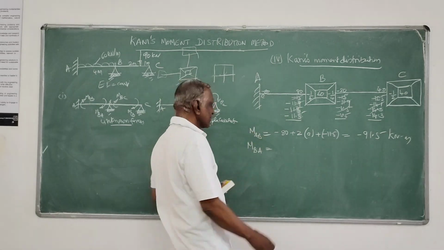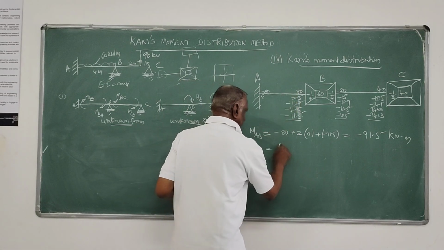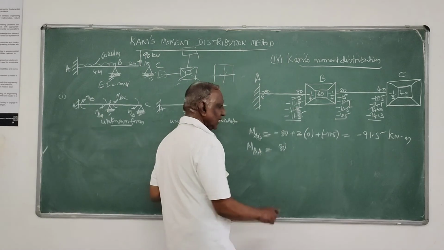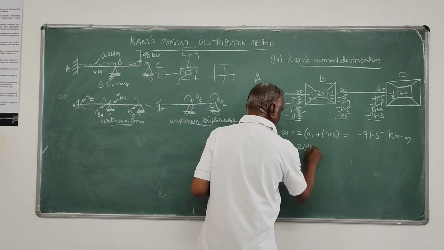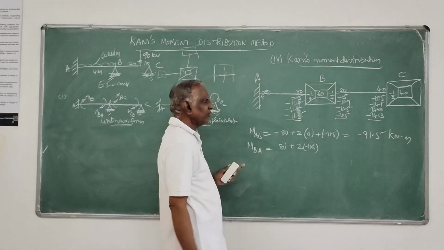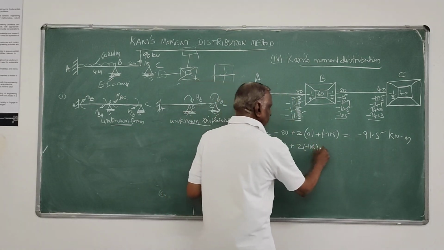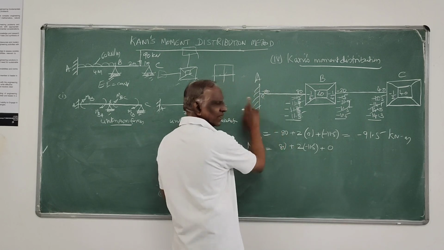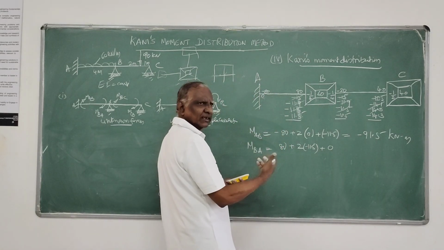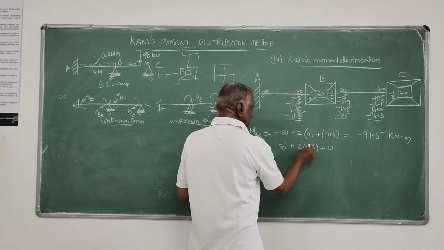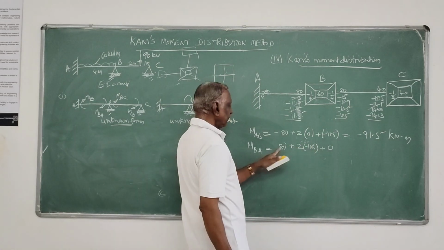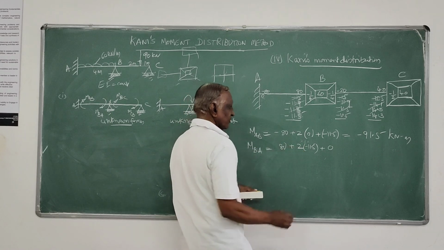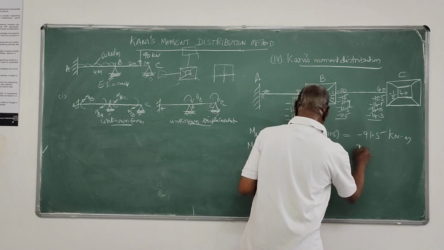MBA on the same lines. MBA fixed moment, that's 80 which you have written, then plus twice the rotation contribution, twice minus 11.5, then contribution from further end, that is 0, then sway contribution is 0, so this is minus 23 plus 80, that is 57.